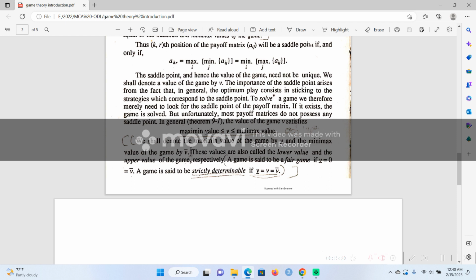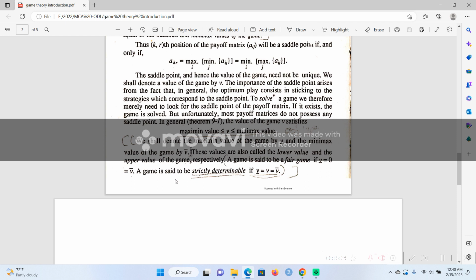These two notations are used, and this definition we need. A game is said to be a fair game if V lower bar and V upper bar are both equal and that equal value is 0. Then that game is known as a fair game.